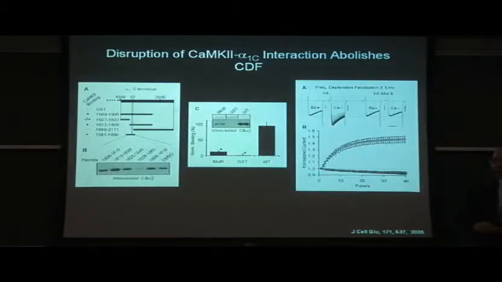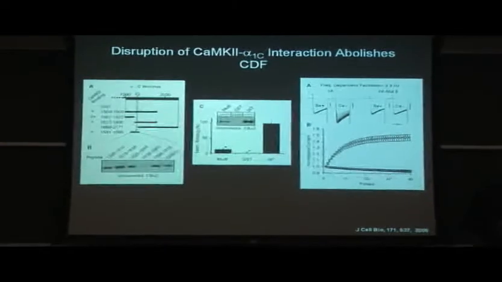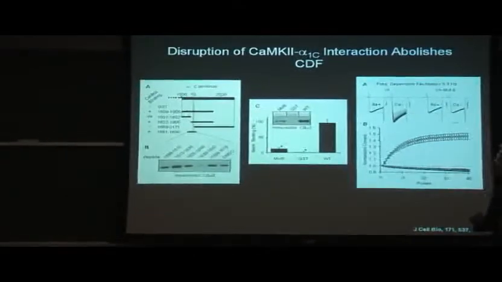Sticking with the same method, which has its admitted flaws, we were able to isolate a domain within the C-terminus that was very close to what's called the IQ motif, which is one of the important determinants for calmodulin interaction, which Yoram alluded to at the beginning of the talk, and I'll talk about again in a moment. But very close to that calmodulin binding site, we were able to isolate a small peptide that was important for CaM kinase 2 interaction.